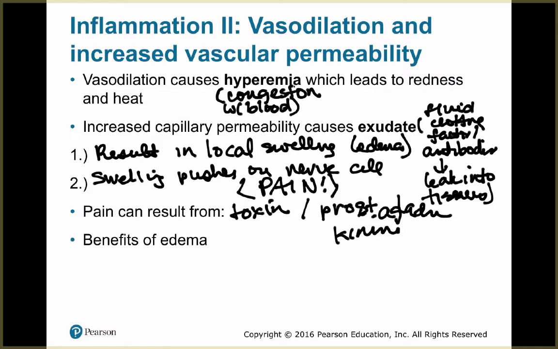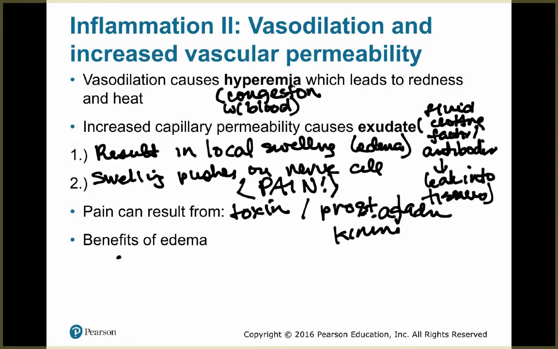Now, there are benefits of edema. I mean, it might be a pain in the butt for us to have to deal with, but obviously, if our body is doing it, there has to be some benefit to it. So, what do you think? If you have a lot of debris, a lot of crap piling up somewhere, and you want to clean things really well, you can do a surge. You can get water and just spray down your patio really well, and it'll clear everything out, right?